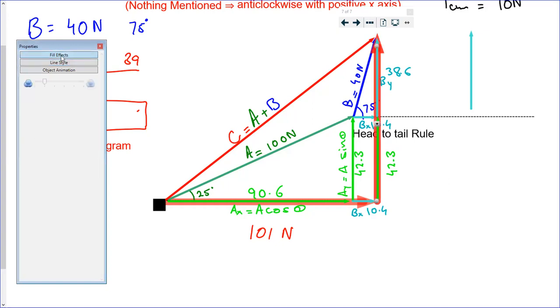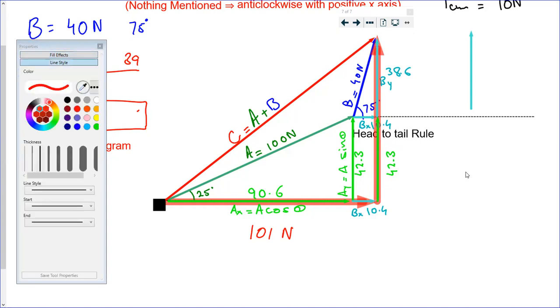What's the length of this red one now? That's the right answer. So you have the adjacent and opposite components for the red. The adjacent component, which is the horizontal one, is 101 and the other is 80.9.